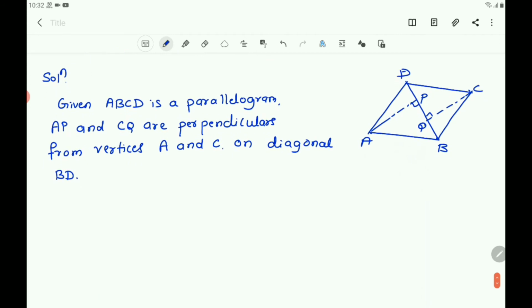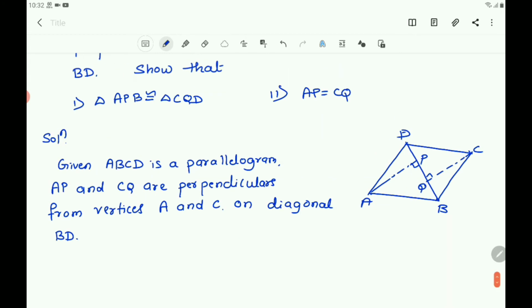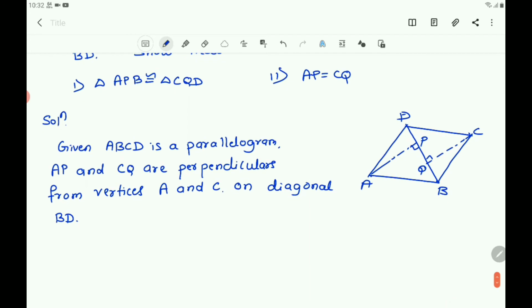Here what you have to prove? First one, we have to prove that triangle APB is congruent to triangle CQD.